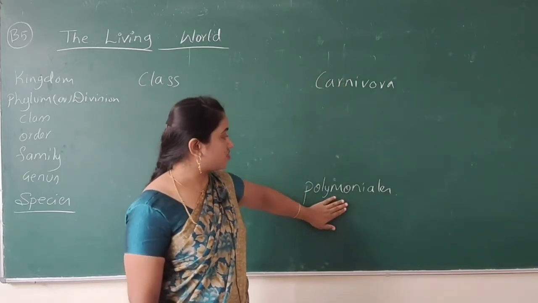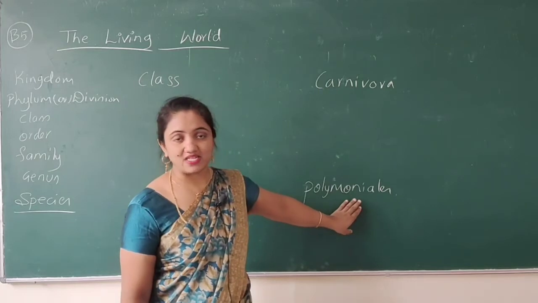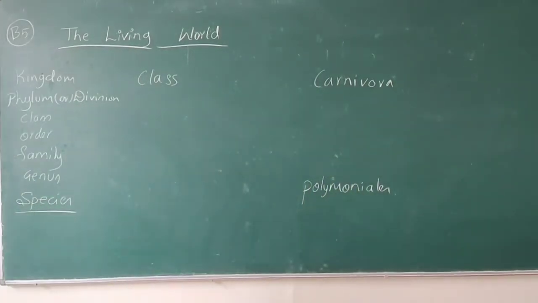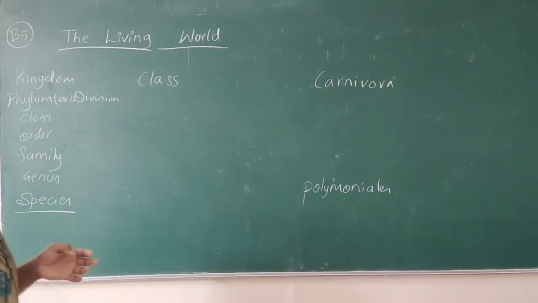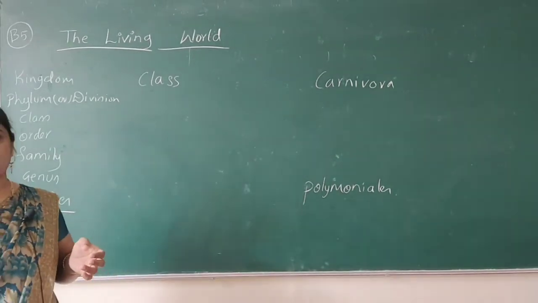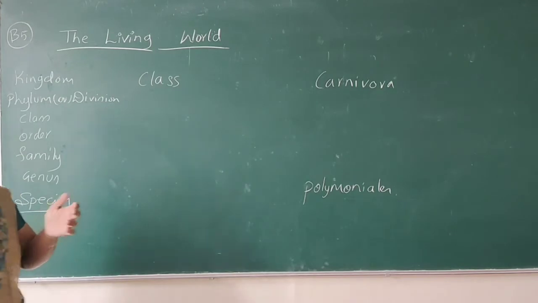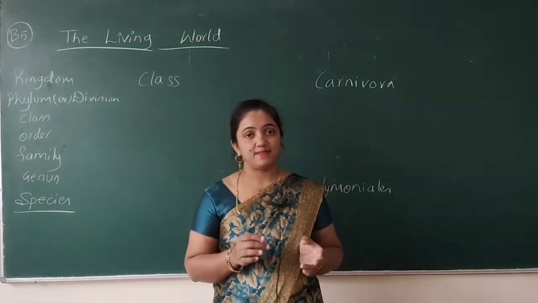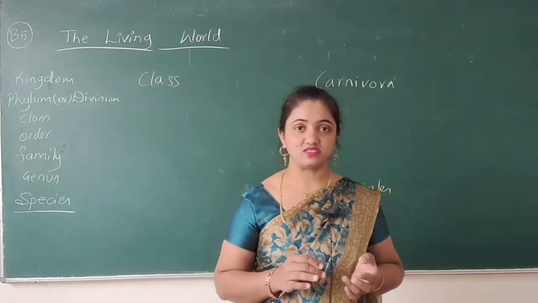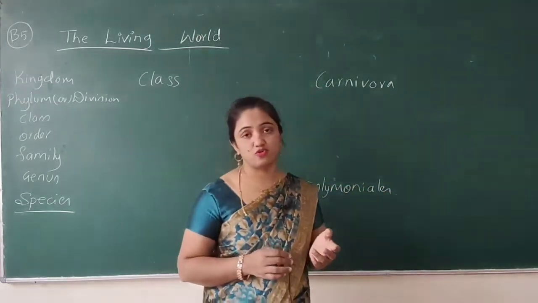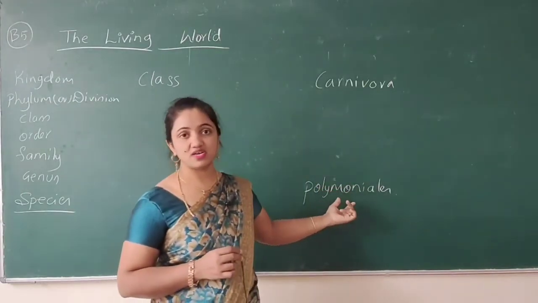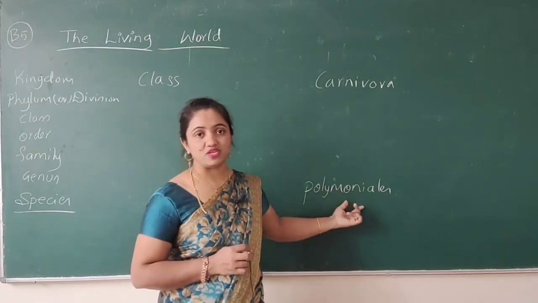And the Polymoniales includes the families Convolvulaceae and Solanaceae. These two families have the same floral characters, and because of having the same floral characters, they come under the same order known as Polymoniales.